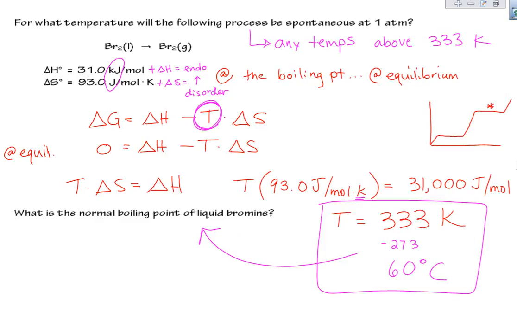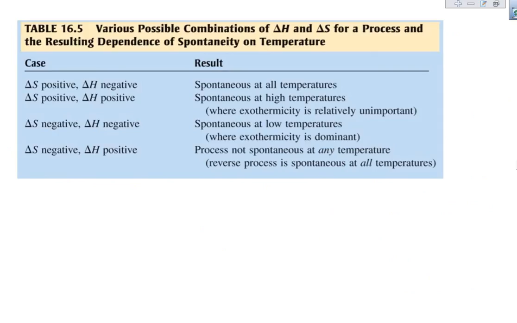Okay, so here's this last little thing that we should look at. This table from your textbook, it's beautiful. There's a multiple choice question that keeps popping up that'll say, under what conditions will the reaction always be spontaneous? Or under what conditions would we need a high temperature to make this reaction run spontaneous, or something like that. So here are our options.